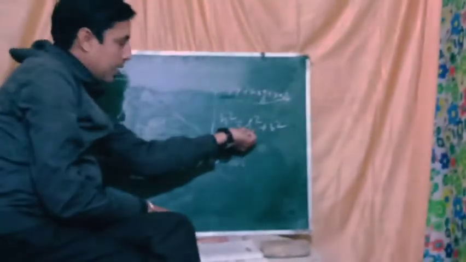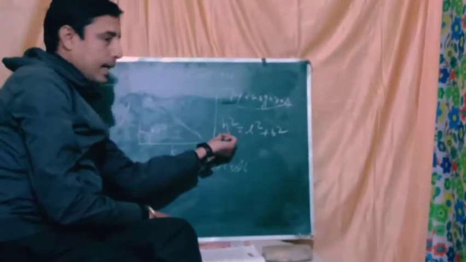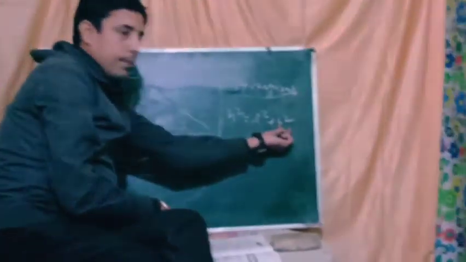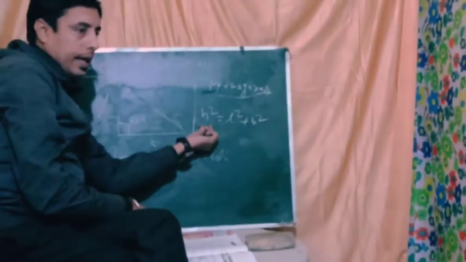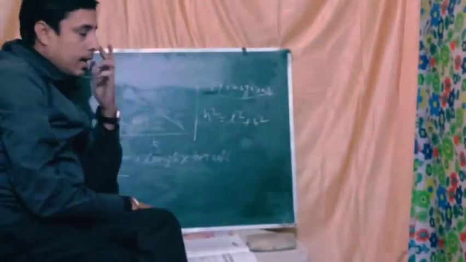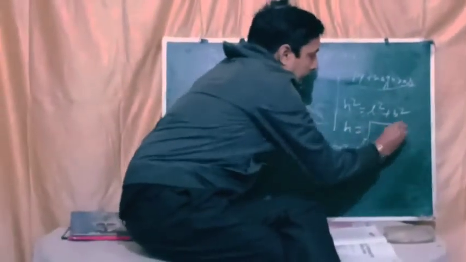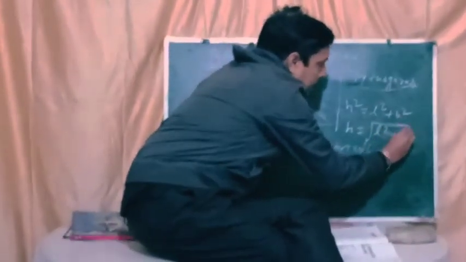Now from here, if you want to find L square, then it will come like h square minus b square. Similarly, if you want to find b square, then it would be h square minus L square. And if you want to find h, then h is equal to under root L square plus b square.